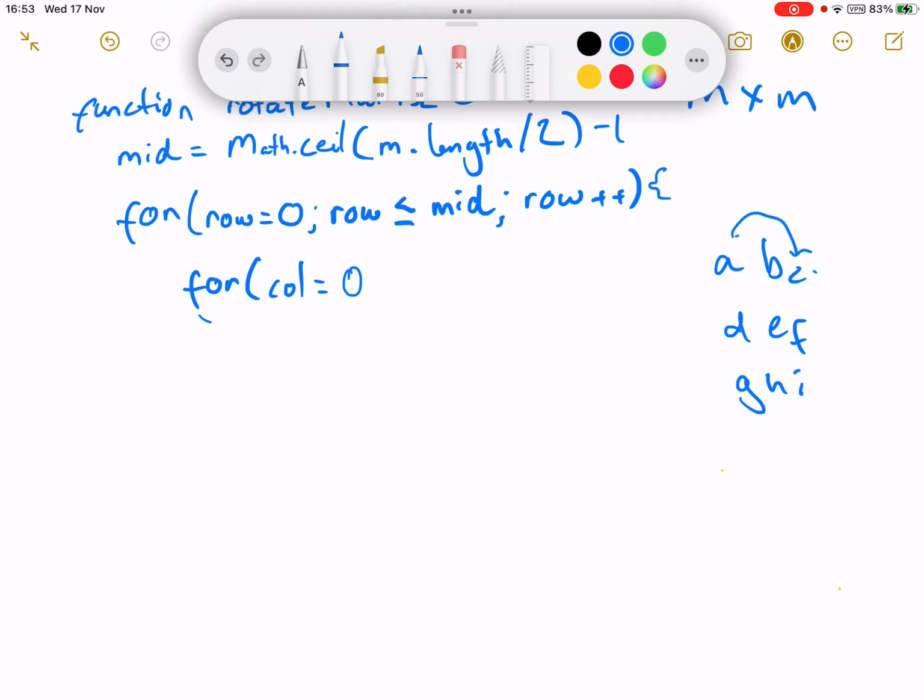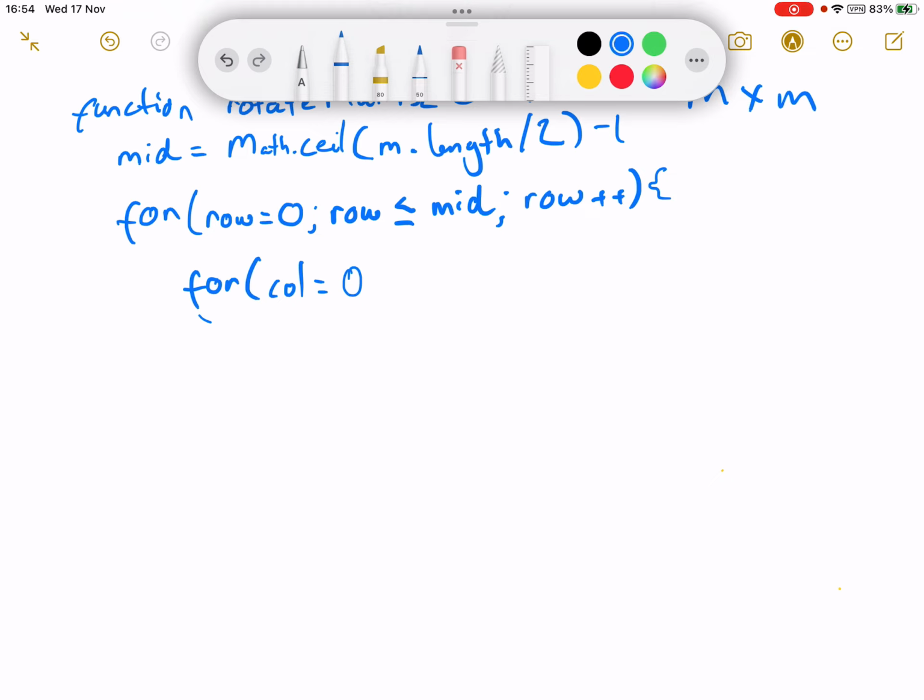And then, right? That's that. Then, wait, I can actually do the same thing.